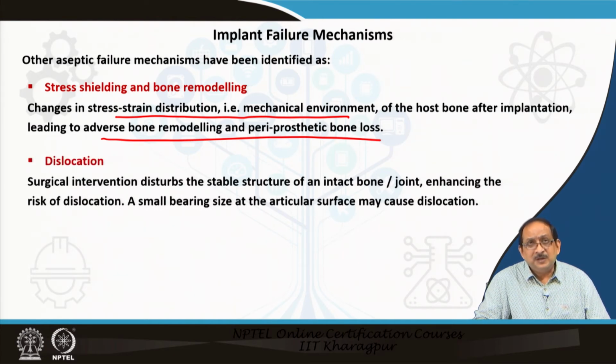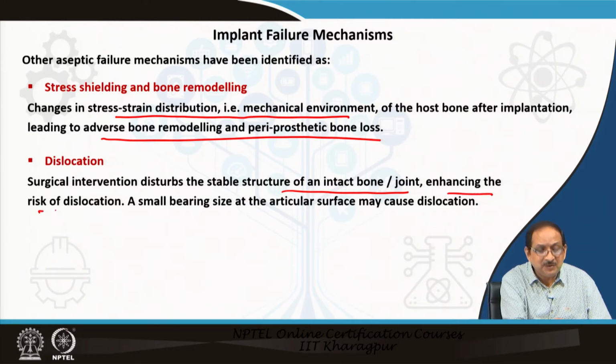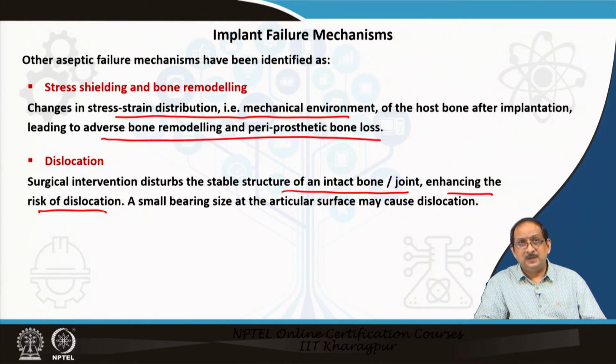Surgical intervention actually disturbs the stable structure of an intact bone or joint, enhancing the risk of dislocation. So, a small bearing size at the articular surface may cause dislocation, which is one of the failure mechanisms.